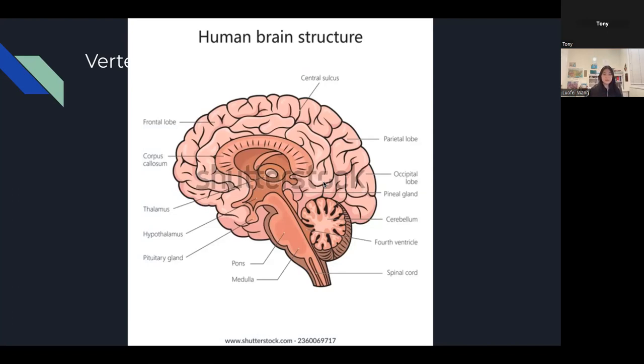It has the amygdala, which controls emotion and anger, and the hippocampus, which helps with memory. It's also good to note that the hippocampus, amygdala, hypothalamus, and thalamus are called the limbic system.